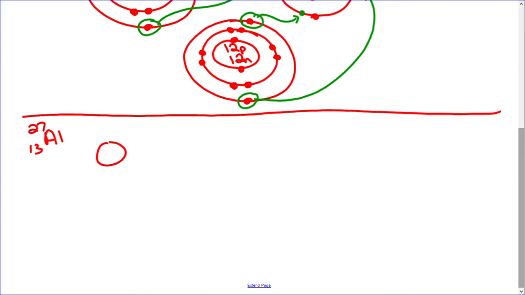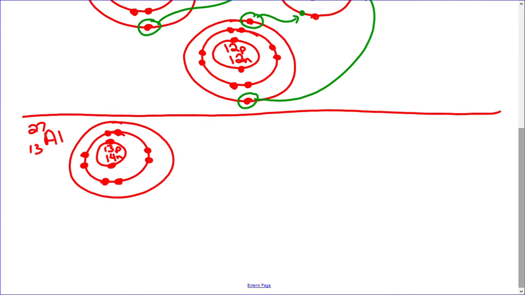And so aluminum has 13 protons and 14 neutrons, has 2 in that first shell. The second shell can hold 10. And then after that I can have 3 more: 1, 2, and 3.